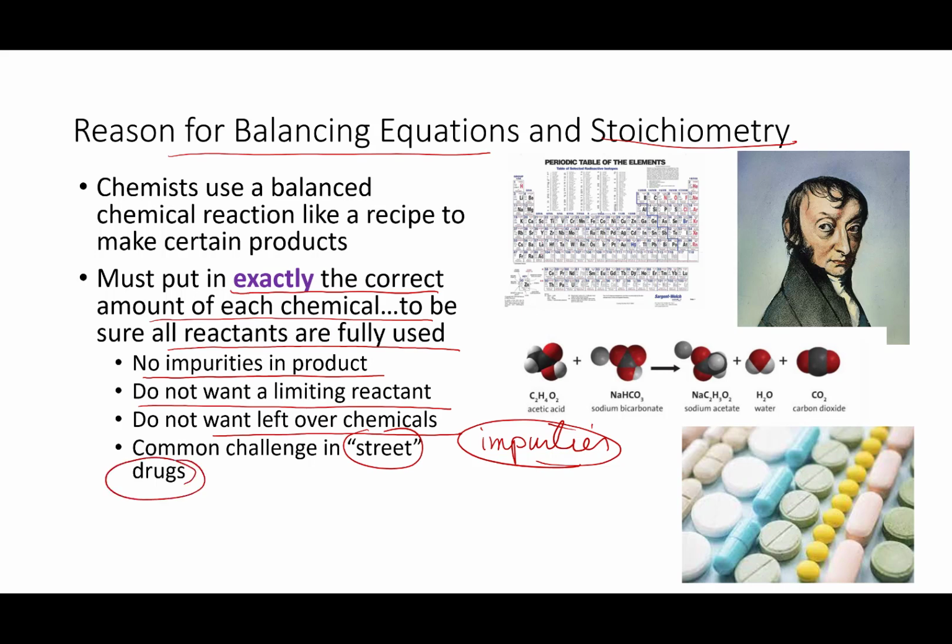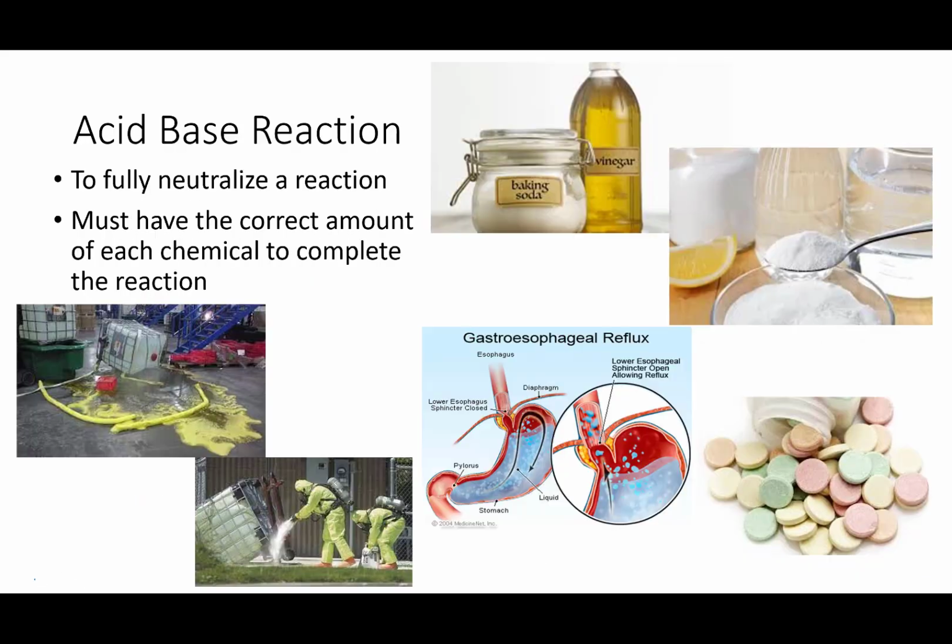People who are making their own methamphetamine or anything like that in their garage, they do not know stoichiometry, and so they are going to come up with this stuff that is going to be full of impurities, and the impurities can cause, besides the drugs themselves, a lot of harm. And so it is bad chemistry, besides being a bad idea.